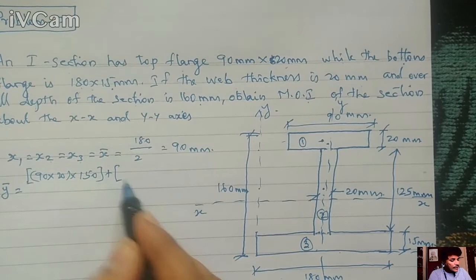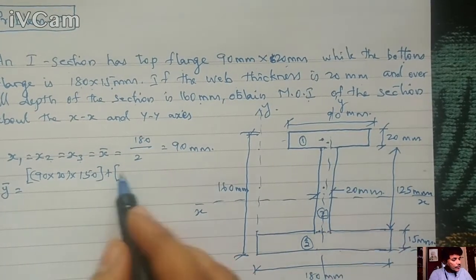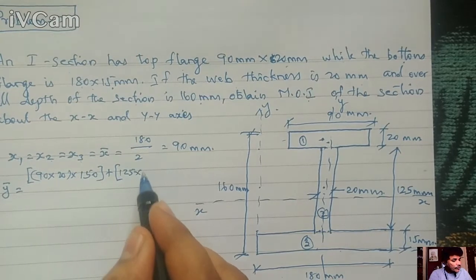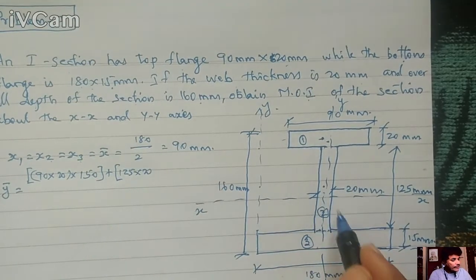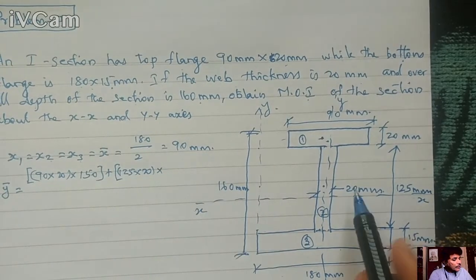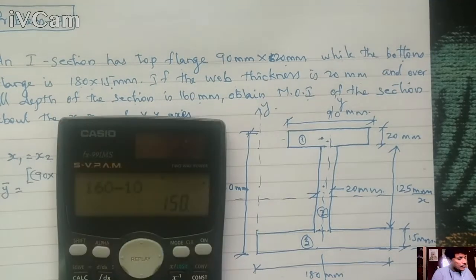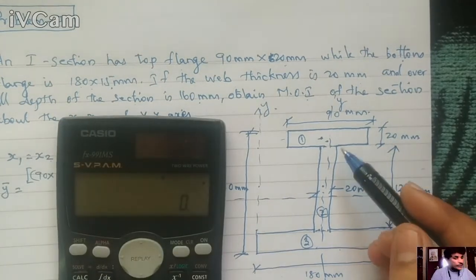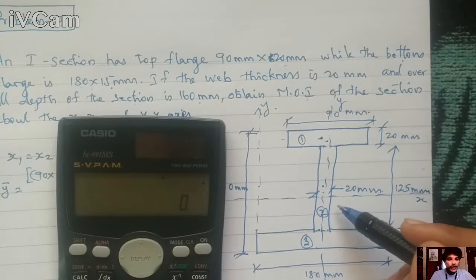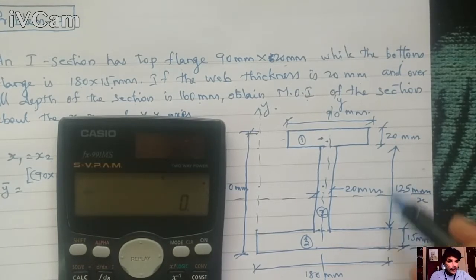Plus a2, this is the web portion, the second section area. So 125 into 20, the height of the web into the thickness of the web, into the centroid from the bottom. How will you calculate the centroid from the bottom? First you take half of this height, 125 by 2, plus 15 mm. Please don't do 125 plus 15 and then divide by 2, that is wrong.